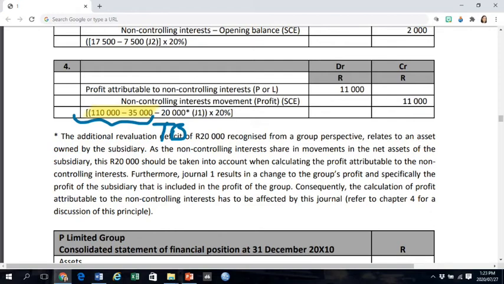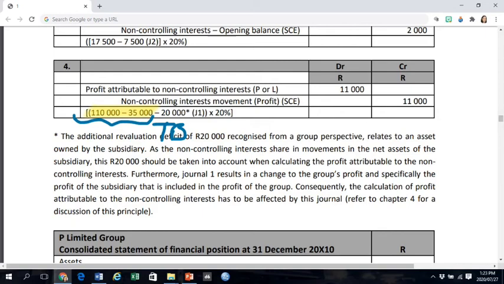There was a consolidation journal entry through Journal 1 where the profit and loss item of the subsidiary was changed. Furthermore, that Journal 1 results in a change to the group's profit and specifically the profit of the subsidiary that is included in the profit of the group.